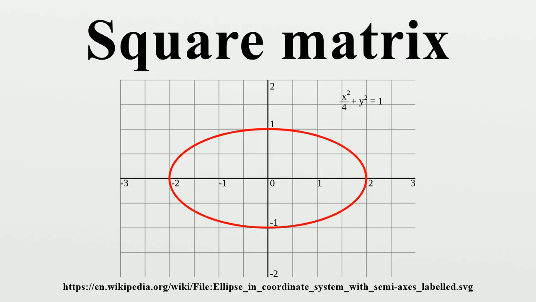Symmetric or skew-symmetric matrix. A square matrix A that is equal to its transpose, i.e., A equals A^T, is a symmetric matrix. If instead A was equal to the negative of its transpose, i.e., A equals minus A^T, then A is a skew-symmetric matrix.